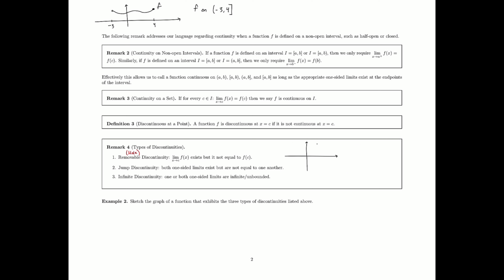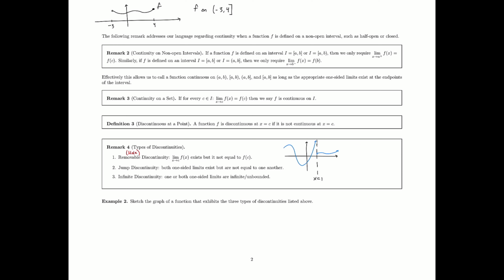So for instance here, let's say I have a vertical asymptote at x equals 1. And then I can draw my function to maybe do something like this. It's undefined there, so I'll put an open circle right here.